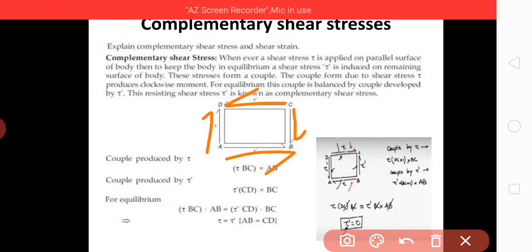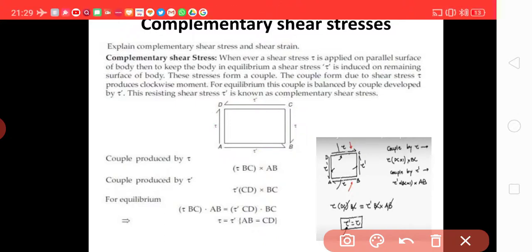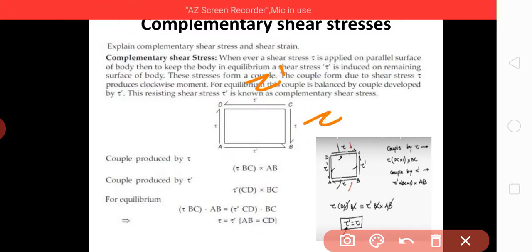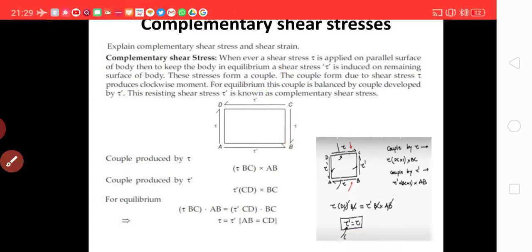So the couple produced by tau is tau into BC. Let the other stress be tau dash. Then tau into BC is the couple produced here. The couple produced by tau dash is tau dash into CD into BC. First of all, you have to convert this stress into force using area.